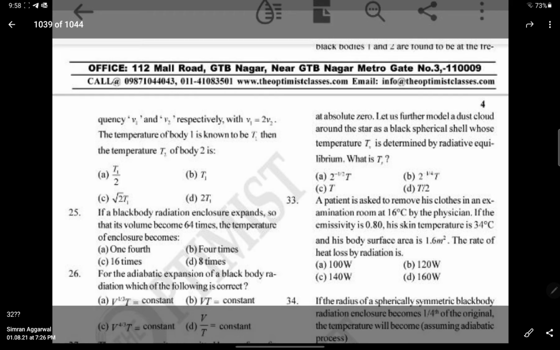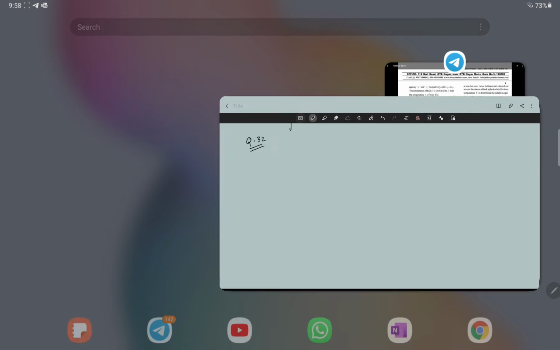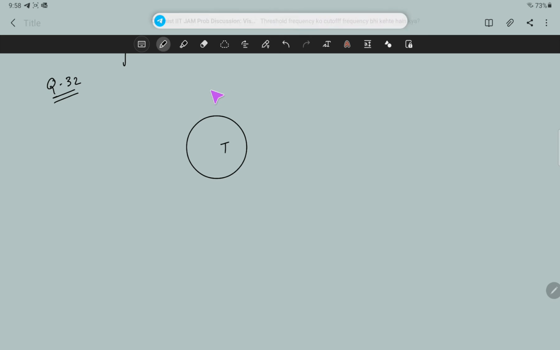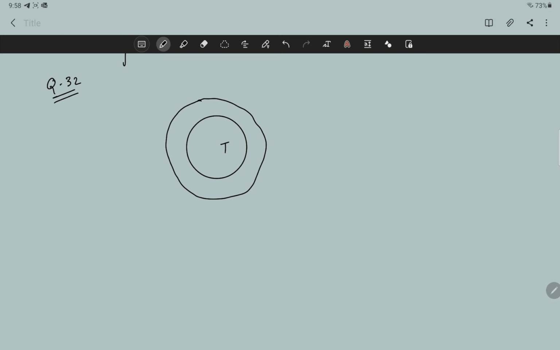So let us solve this question. So the question is saying that this is your star, temperature is T. Now you have a cloud also. Stars are bigger and clouds are small, but to make the figure visible to you, I am drawing it this way.